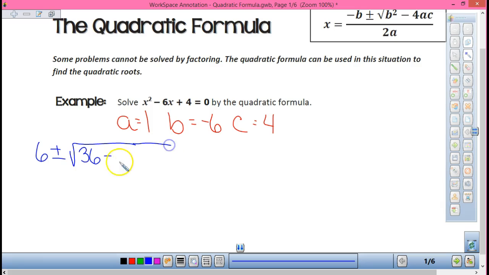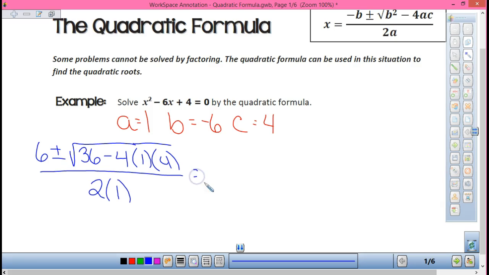Minus 4 times a, which is 1, times c. All over 2 times a, which is 1. Today is a lot of writing, because there are about 4 or 5 different steps before you get it solved.